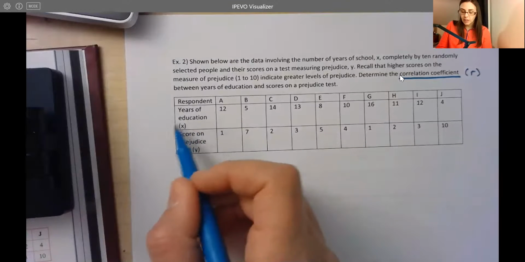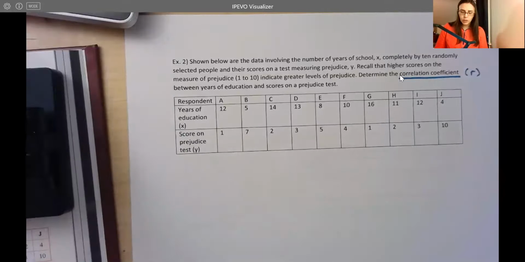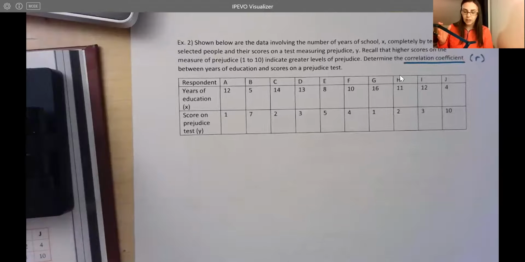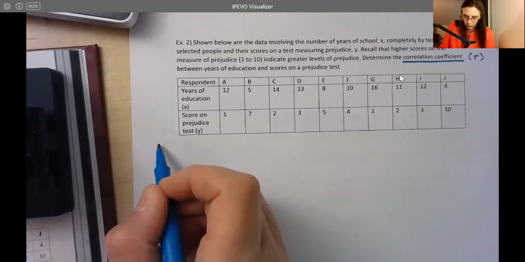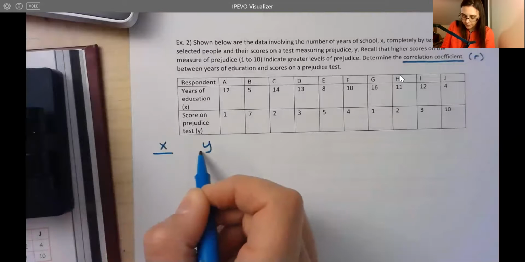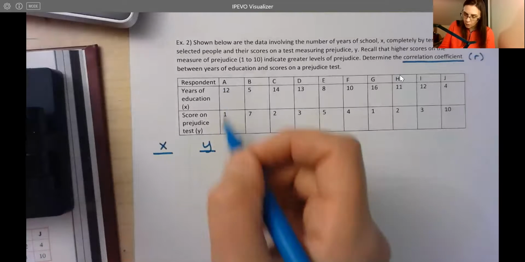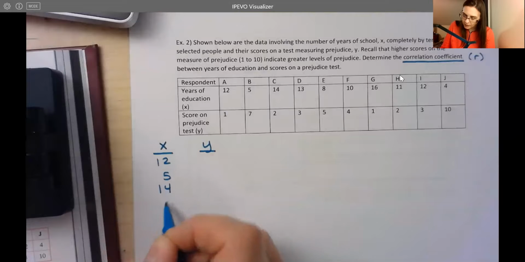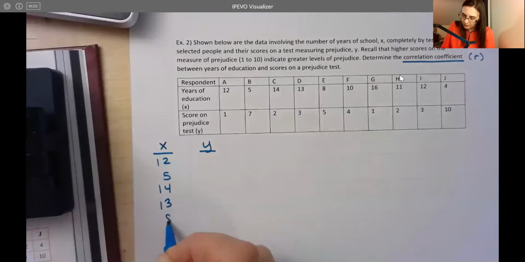Now, our years of education is X, and our score represents the Y's. So I'm going to help you here. This is the easiest way to stay organized first: we're going to list the X's and we're going to list the Y's. So my X values are 12, 5, 14, 13, 8, 10, 16, 11, 12, and 4.